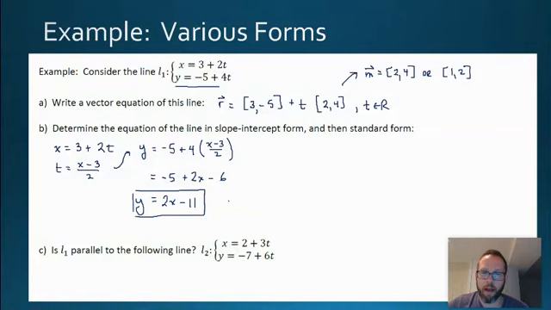And of course, now that it's in slope-intercept form, I can easily rearrange to standard form. 2x, I'm just going to bring the y over. So 2x minus y minus 11 equals 0. Standard form, I think I just want to be clear.